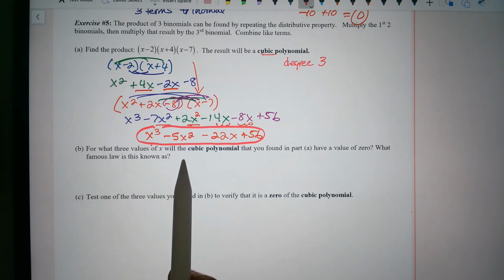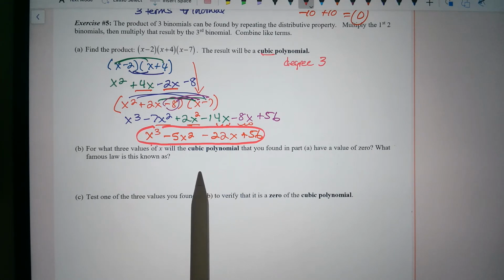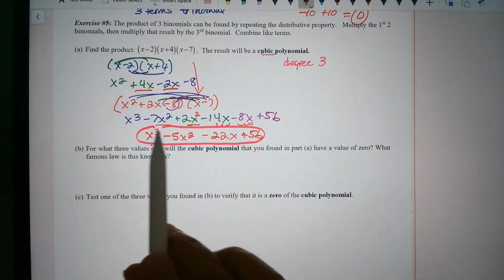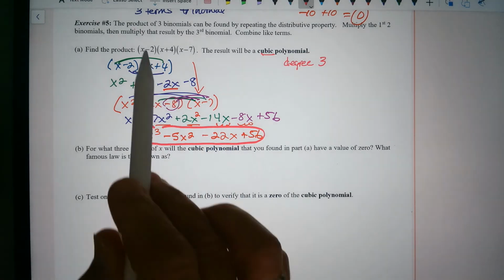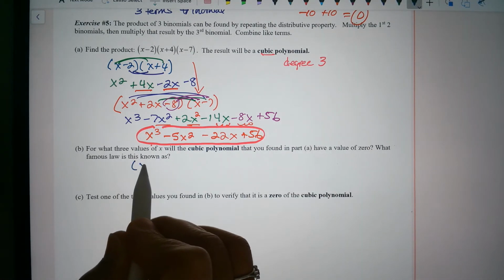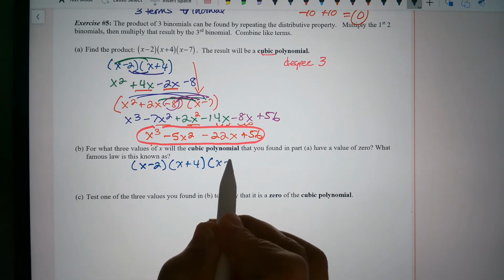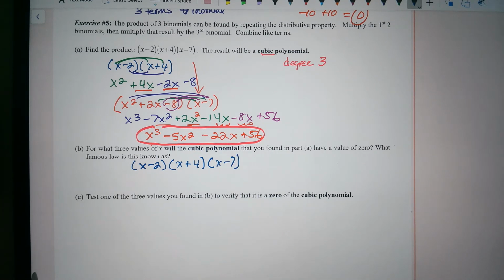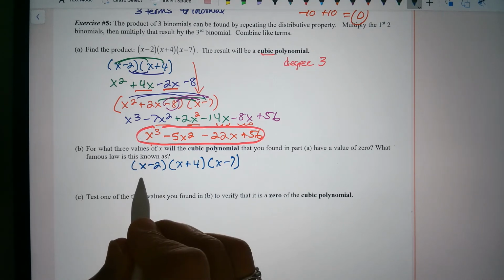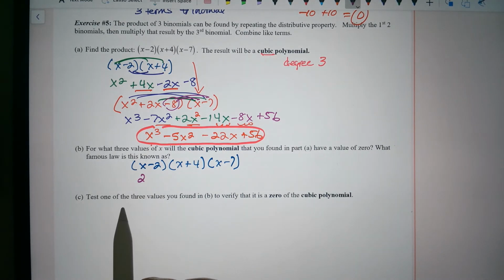For what three values of x will the cubic polynomial that we found in part A have a value of 0? What famous law is this known as? Right. Well, we don't want to look at our cubic end result, but let's go back to our three binomials. What subtract 2 would result in 0? 2. 2 minus 2 would result in 0.